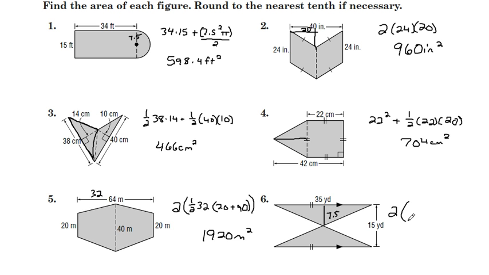So 2 of these, 2 times 1/2 base of 35 times the height of 7.5, and if we put that in the calculator, it yields 262.5, and that is square yards. There we are.